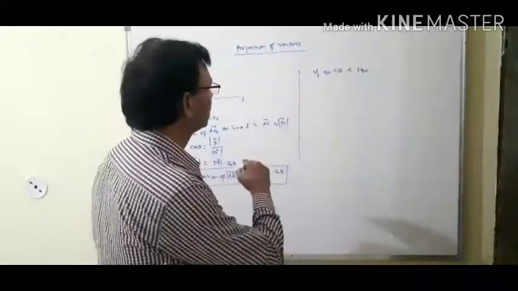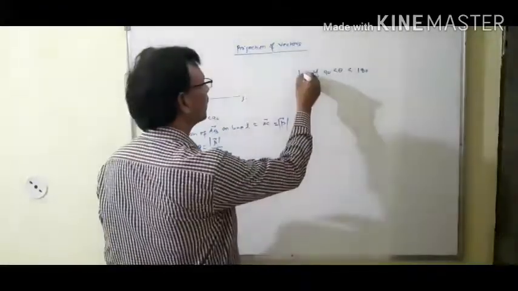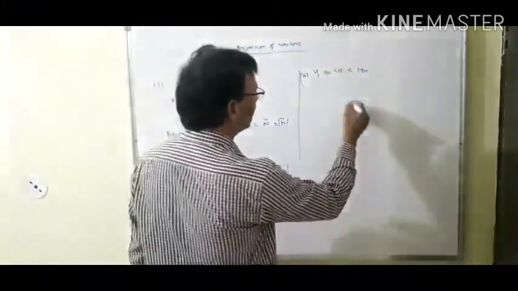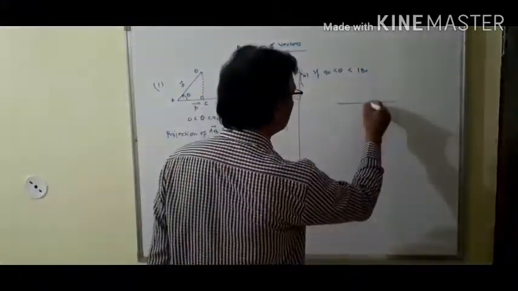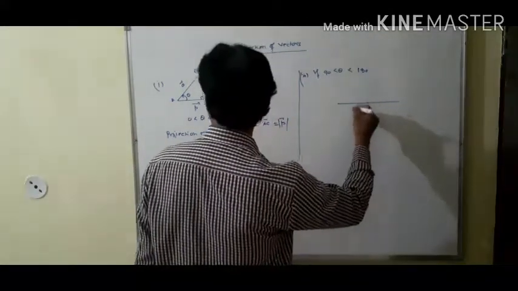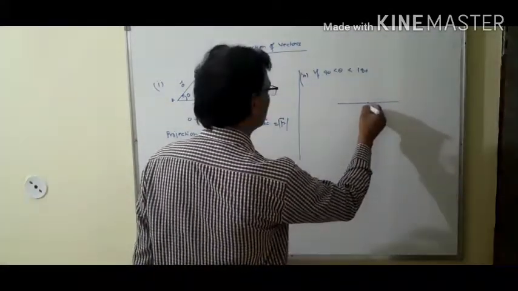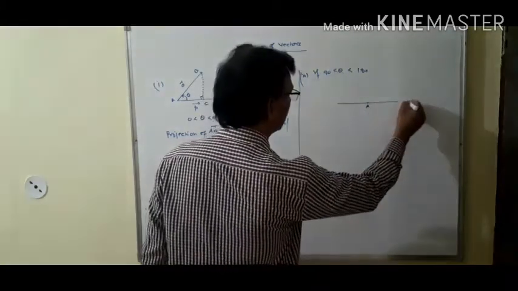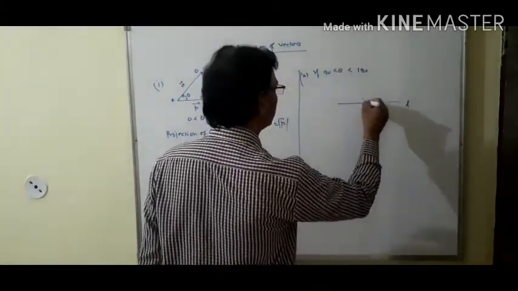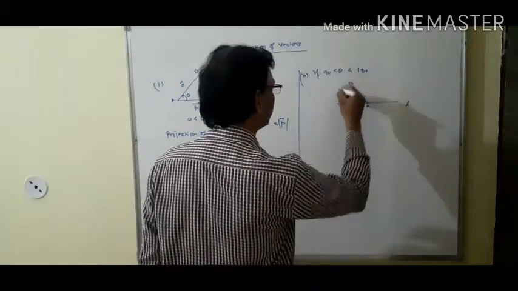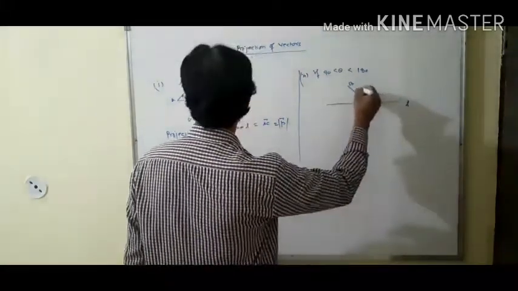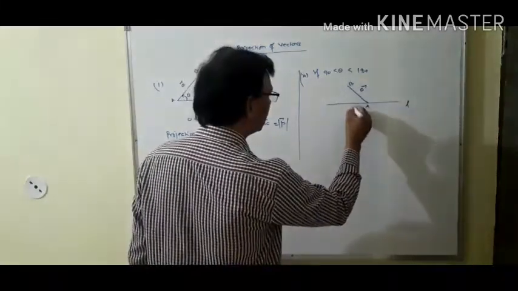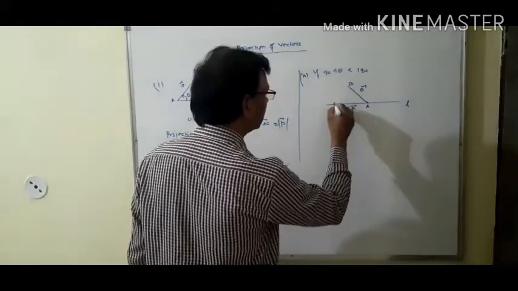Now in the second situation, if theta is greater than 90 and less than 180, then this will be in that position. This is the L line, and this will be vector AB, which is denoted by A, and this is the vector P in this direction.